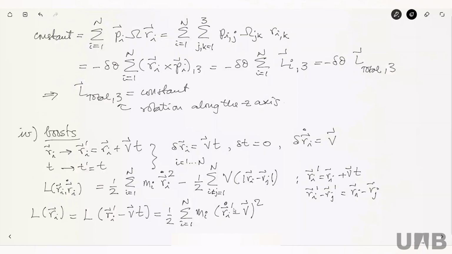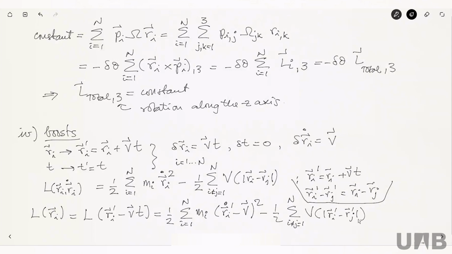That is (r_i prime dot minus V) squared. And then the potential. And the potential does not change because of this little calculation that I did here. So that's a sum, i different from j, from 1 to capital N of V of r_i prime minus r_j prime. So this does not change.